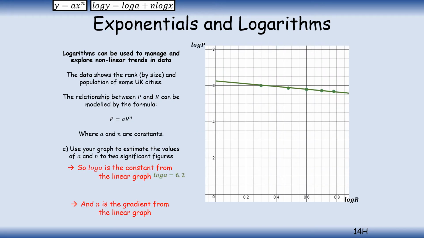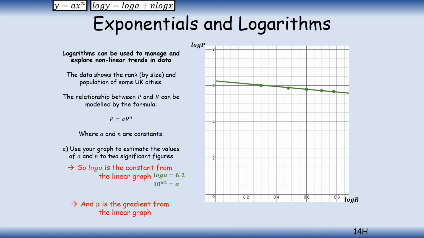So all we have to do now is read from our graph what value log A is. Remember, this is a log graph, log P and log R. If I read off the value, I make it out to be 6.2. Is that okay? So now what we have to do to work this out is rewrite this in exponential form.